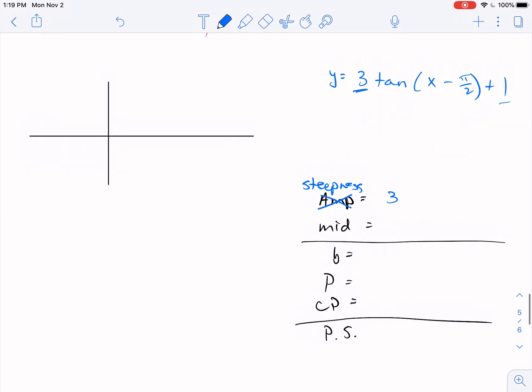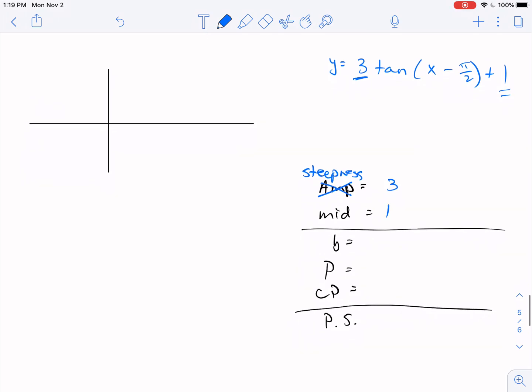The midline is over here at 1. The B value, again, sits right here. There's nothing there, so we assume that it's a 1. Or not assume, but it is a 1. Now, we have to be careful here because the rule for period and the critical points changes for tangent curves and cotangent curves.